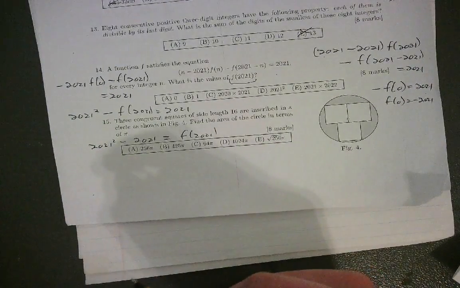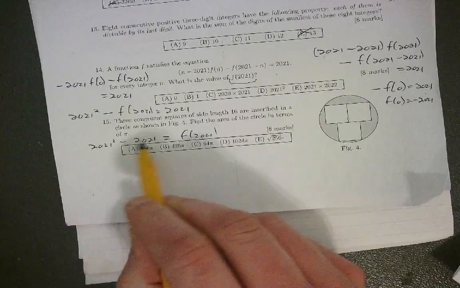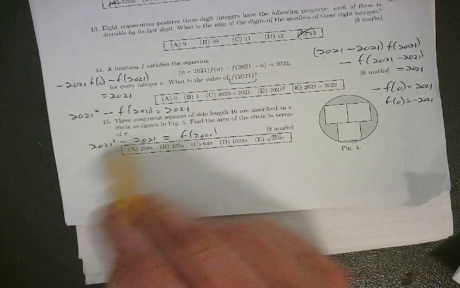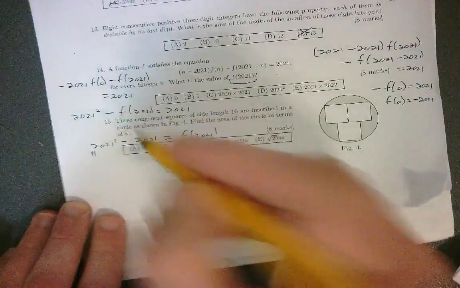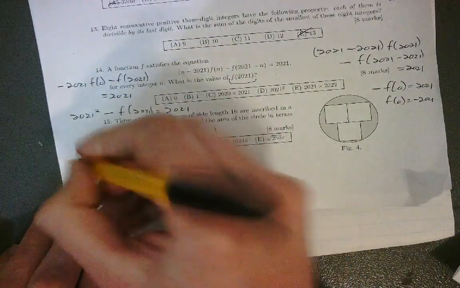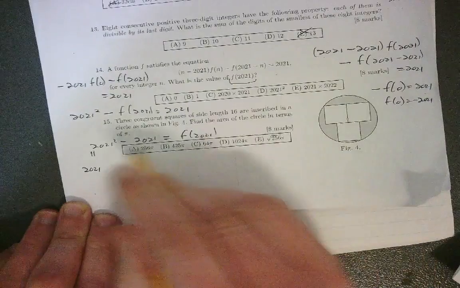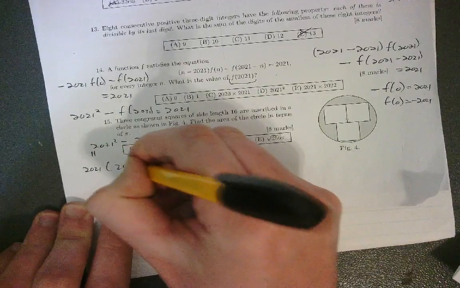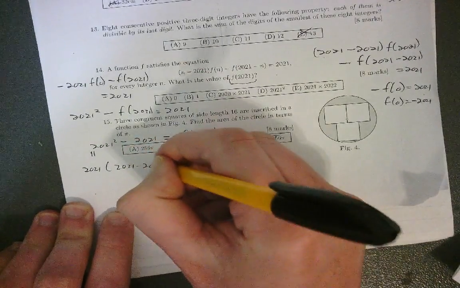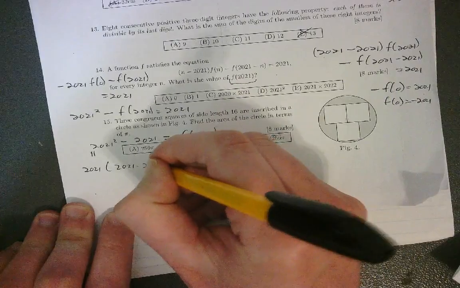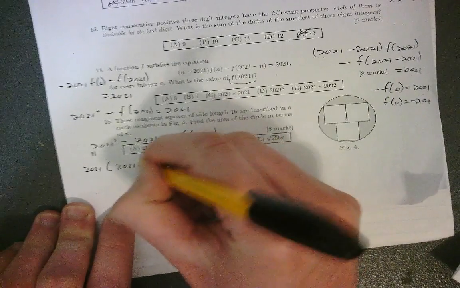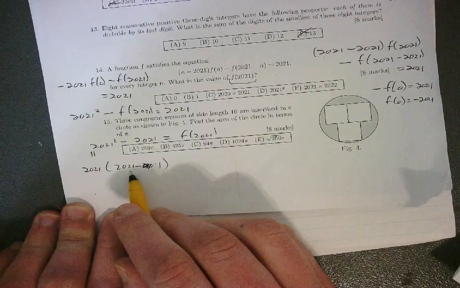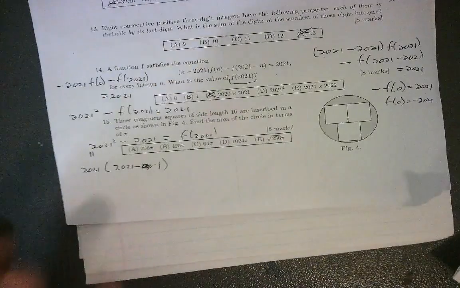Now the trick over here is not to multiply this out, but rather just to factorize it. I take out a factor of 2021 and get 2021 times 2021 minus 1, and that is the same as this answer here.